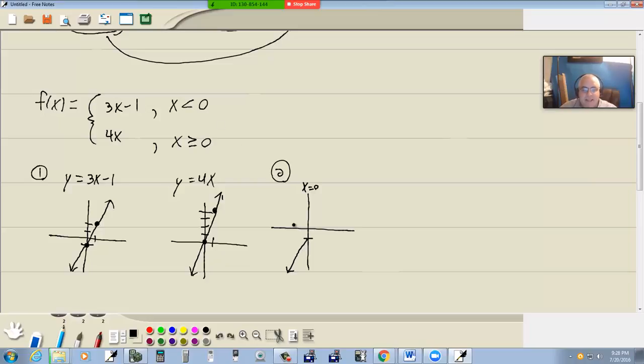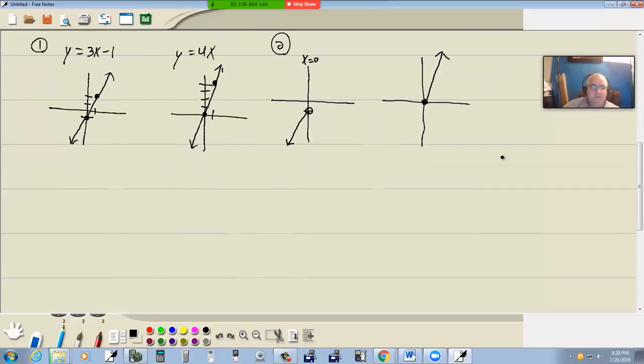Now specifically it's a less than. It does not include that point, so we put an open dot there. Now for our other one. This x is greater than or equal to 0, which means we'll keep the right side. And it's equal to, so it includes that, so we'll put a solid dot there. And that looks like that.